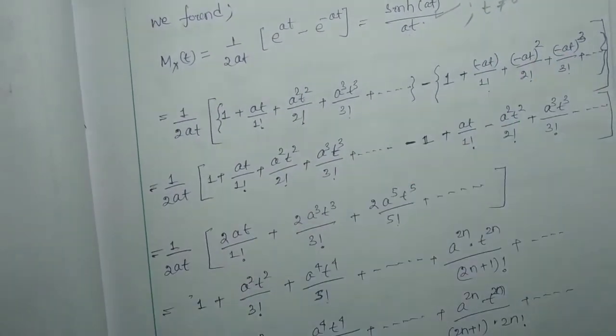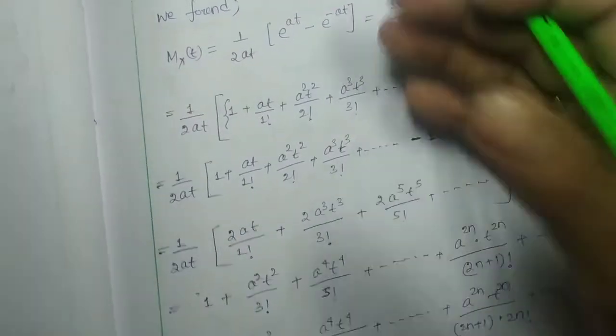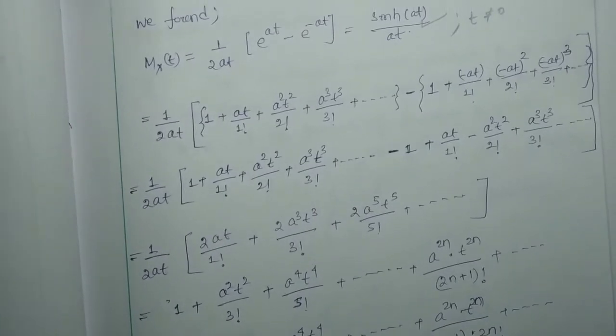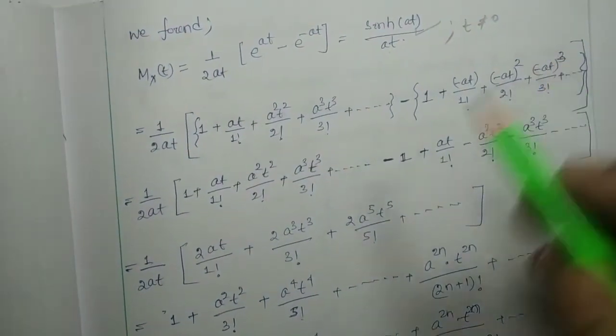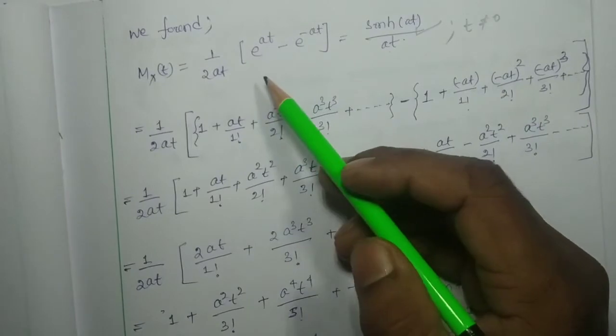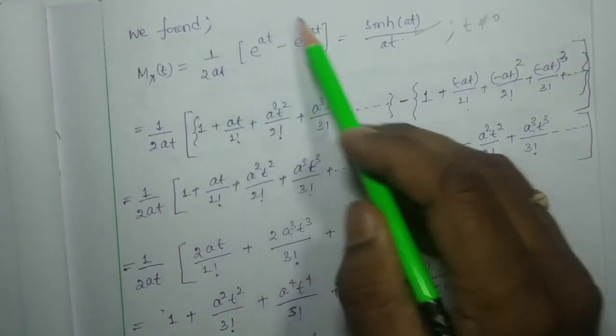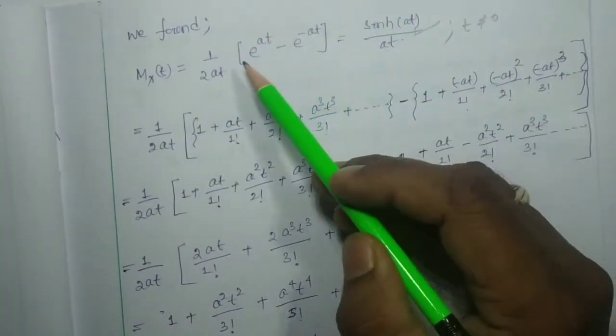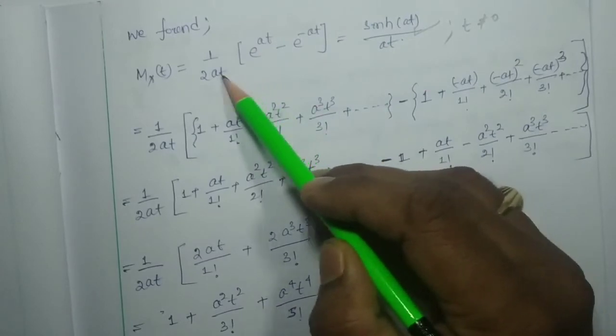So from M_X(t), if we want to find out the rth moment, we have to change this structure to another structure where the t term is not found in the denominator.